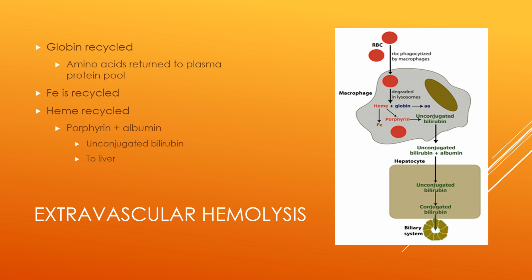And the heme portion is going to be converted in the recycle process into porphyrin, which will be carried to the liver by albumin, as bilirubin. The liver will process that bilirubin from unconjugated to conjugated. It'll enter the intestine through the bile duct, and it'll leave the system.